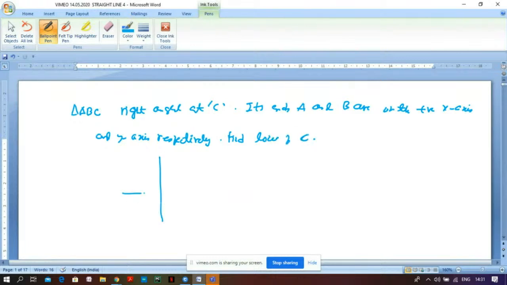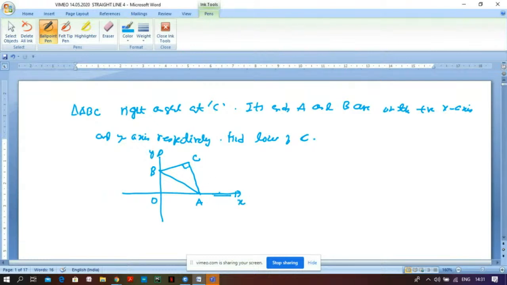So it's like it is sliding. There is a triangle, and I can label them: this is C, and this A and B. ABC is a triangle with right angle at C, that's given. This is your positive x-axis, so I can write OX and OY.